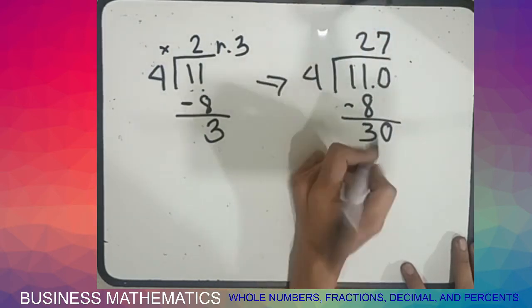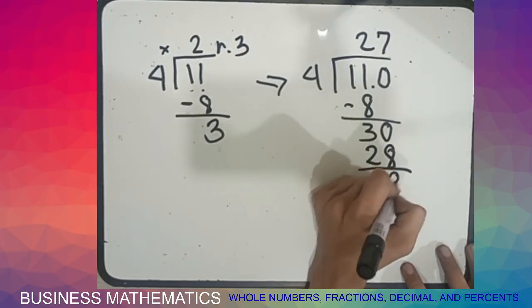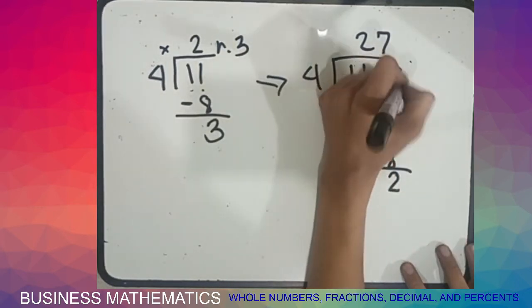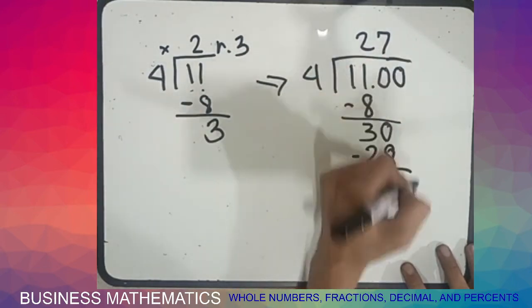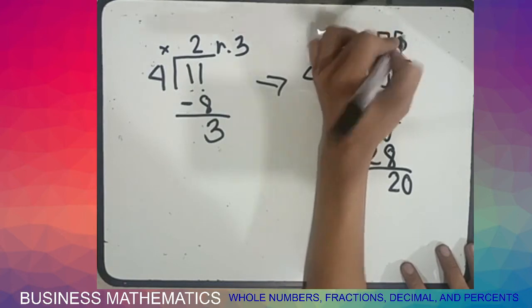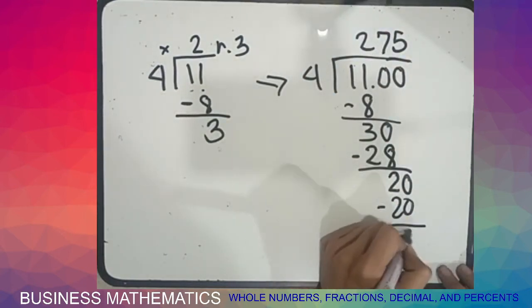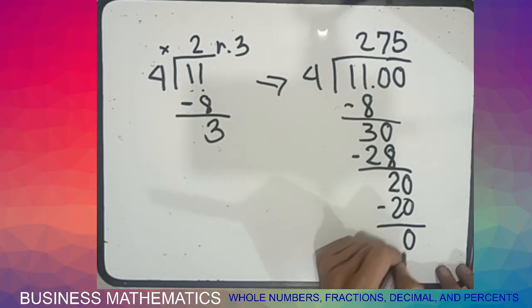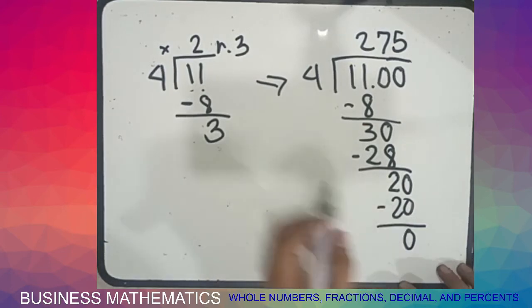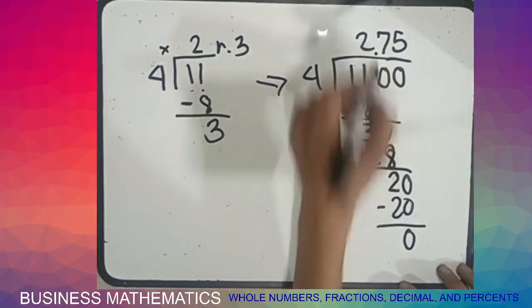Tapos 7 times 4, 28. Then mag-a-add ulit tayo ng 0. Ma-extend na lang natin, tapos bring down 0. So 20 divided by 4 is 5. 5 times 4 is 20. So 0. So ang sagot ay 2.75.